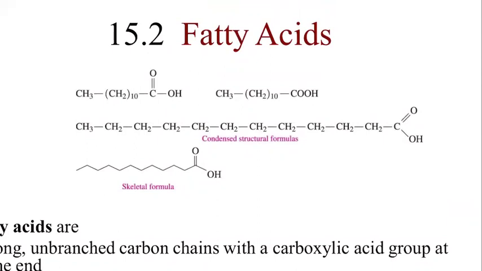Fatty comes from the concept of having a lot of carbon and hydrogen chains. The ones that we are going to be discussing are between 12 carbons to 18 carbons in length. That's what makes them fatty, because it has a large non-polar character.